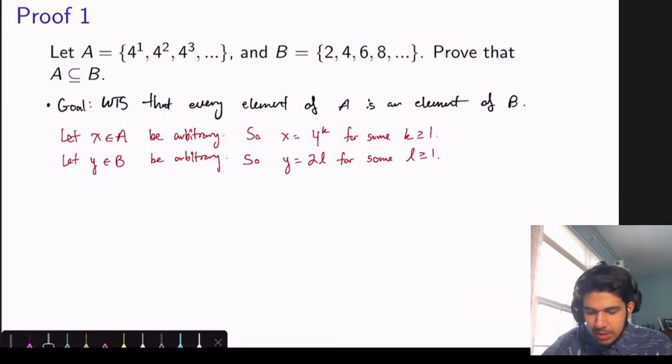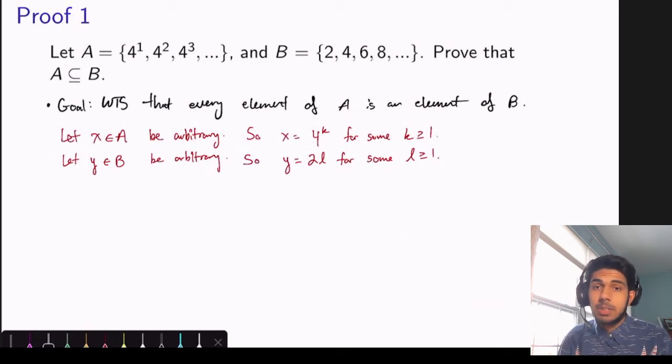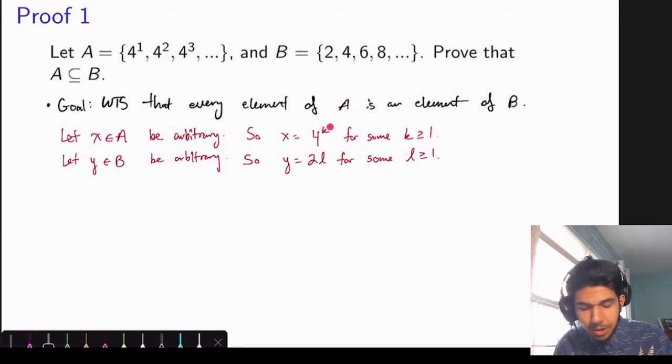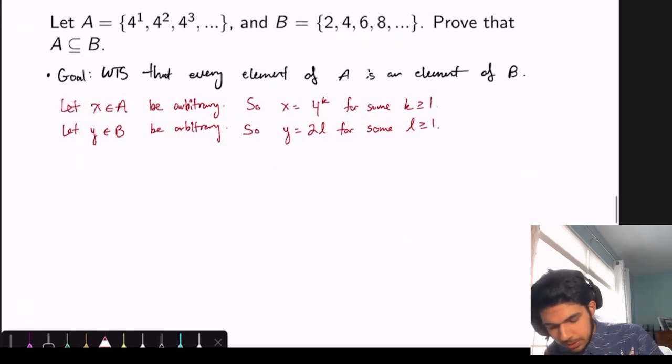We can start thinking about just an arbitrary element of A. If we can show that an arbitrary element of A is also in B, then we're good, because it's just arbitrary. So we'll start with something in this form, 4^k, and then show that this is an element of B. So we'll go back: let x be an element of A, let it be arbitrary.